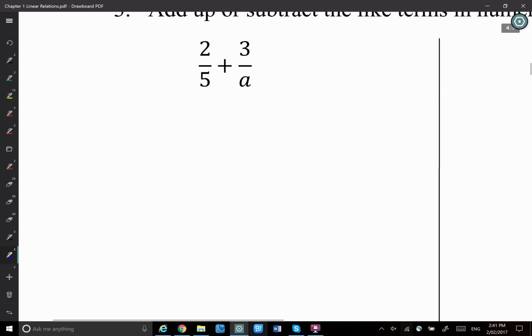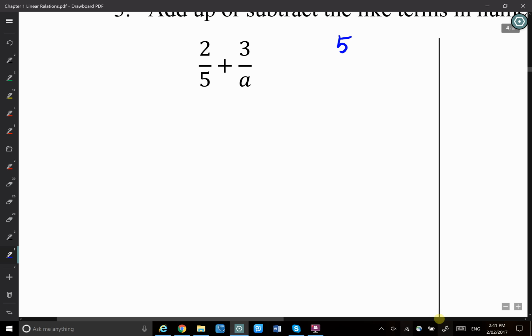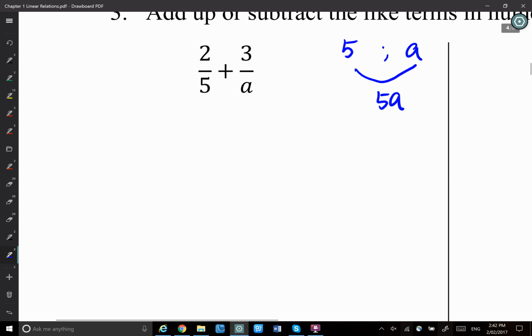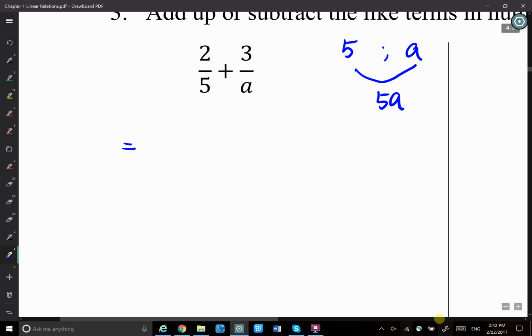So we have 2 over 5 plus 3 over a. What we will have is 5 and a as denominator. So the common denominator will be times them together to give me 5a. So that will equal, okay, that's a 2, that's a 5.